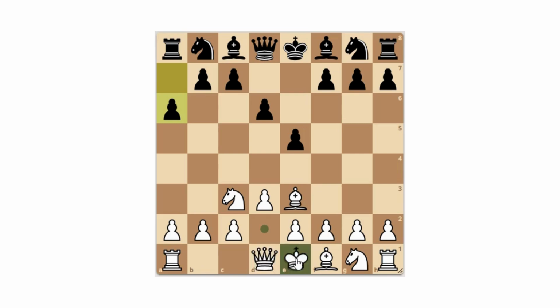King can move one square at a time, but in any side. So it can move right, it can move up, it can move diagonal, it can move this diagonal, it can move left, but one step at a time.